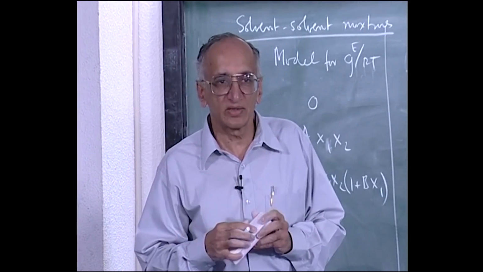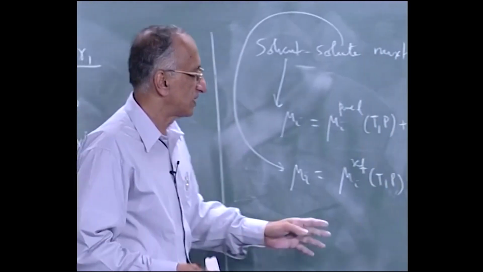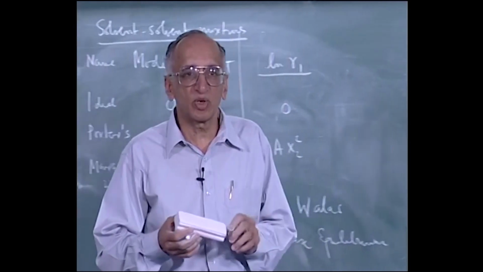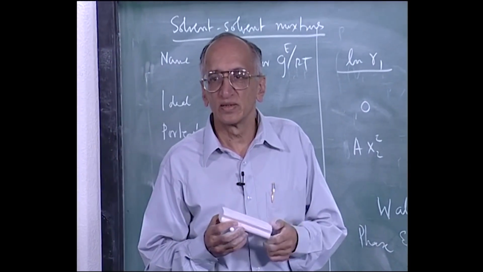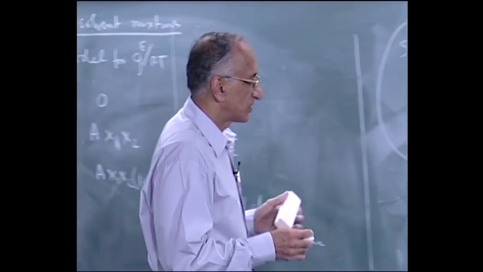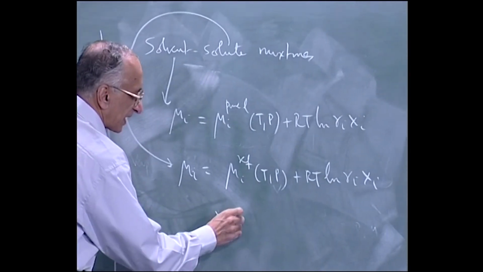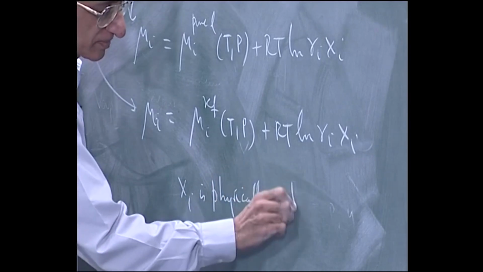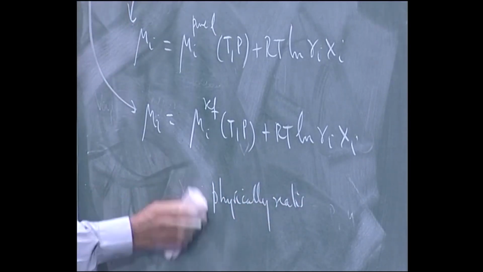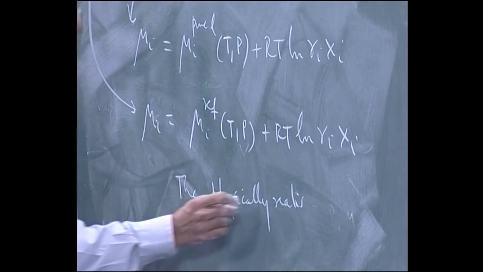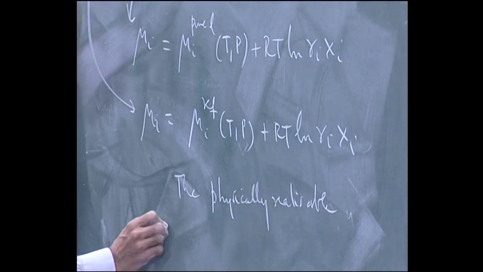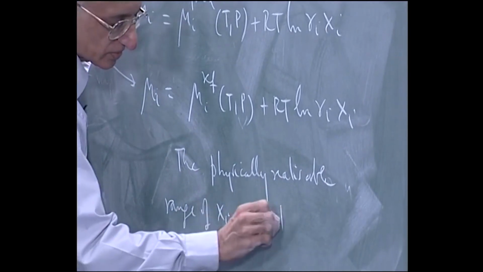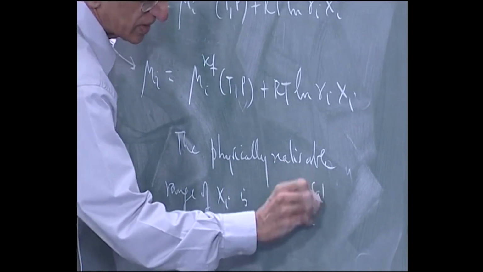If it is carbon dioxide dissolved in water, the saturation value at room temperature and normal pressure would be something like 10 to the power minus 2 mole fraction. Whatever the value, Xi is physically realizable in the range 0 to Xi saturation, whatever the solubility limit is.